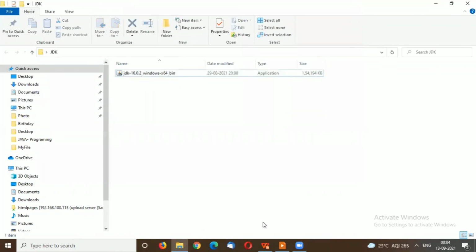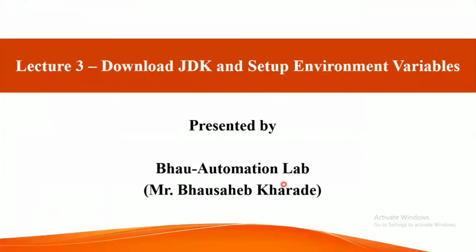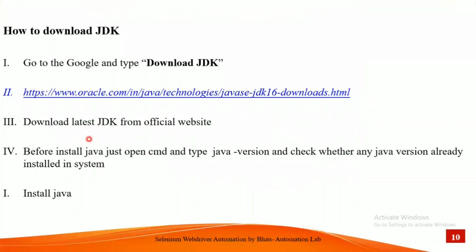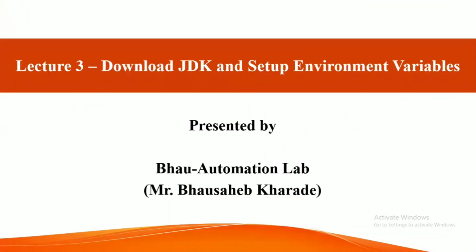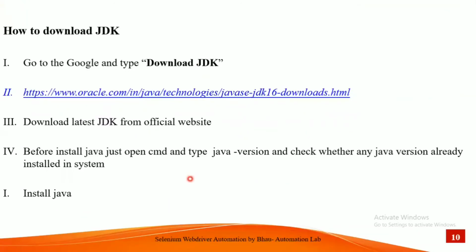Whenever you want to run any Java program in any editor, we need to set up the Java environment path. Why is it important to set up the Java environment path? Everyone teaches that we need to set it up, but practically we should know why the Java environment path is very important in the system.